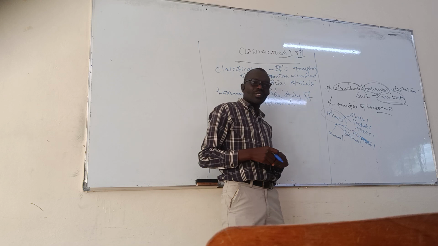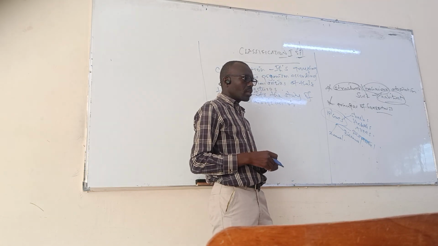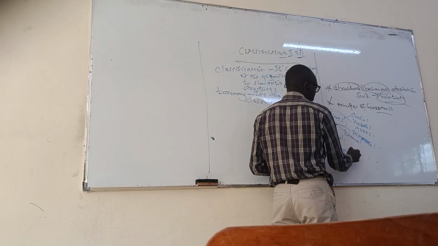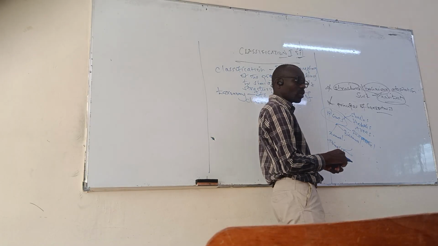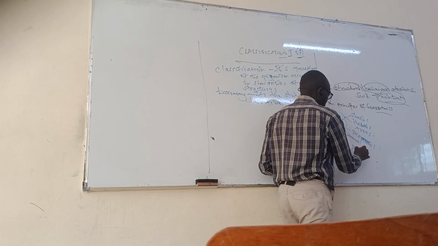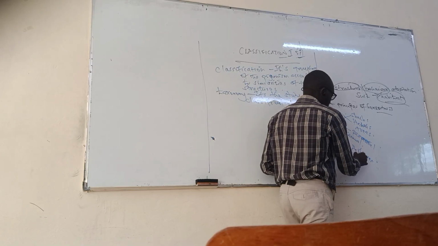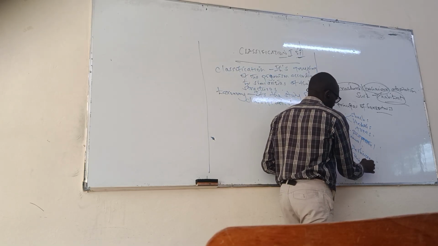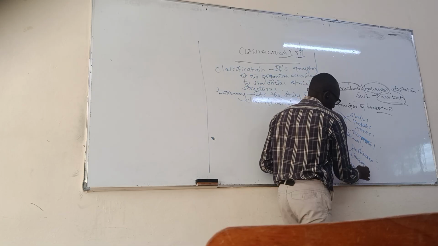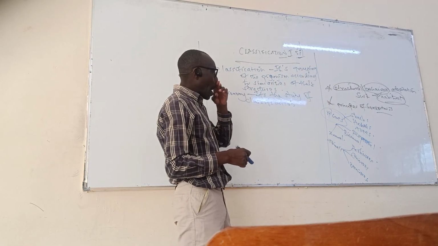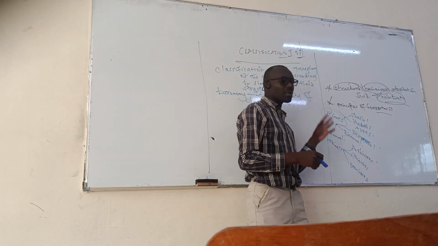What about the animals? Animals can be classified again into 3 depending on what they feed on. So we have herbivores, we have the carnivores, and we have the omnivores. So what basically is happening when talking about classification is that we don't classify the organisms based on what they feed on.